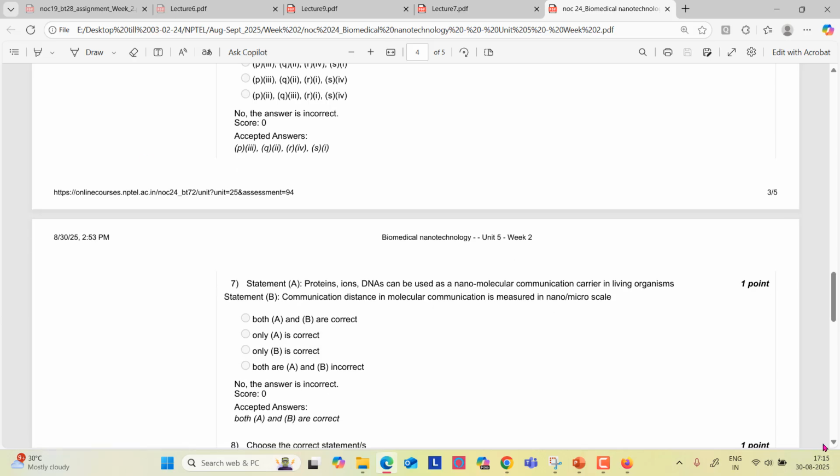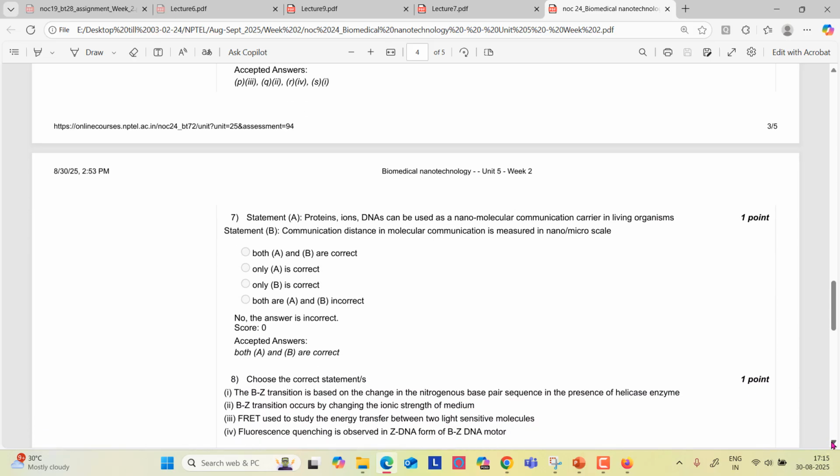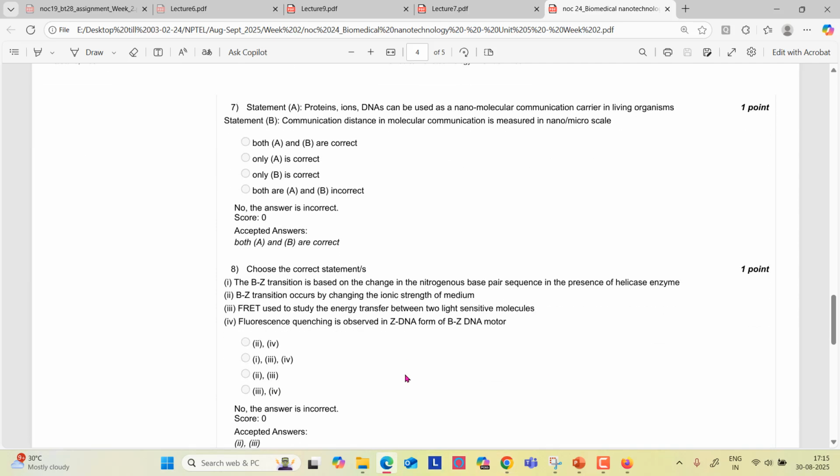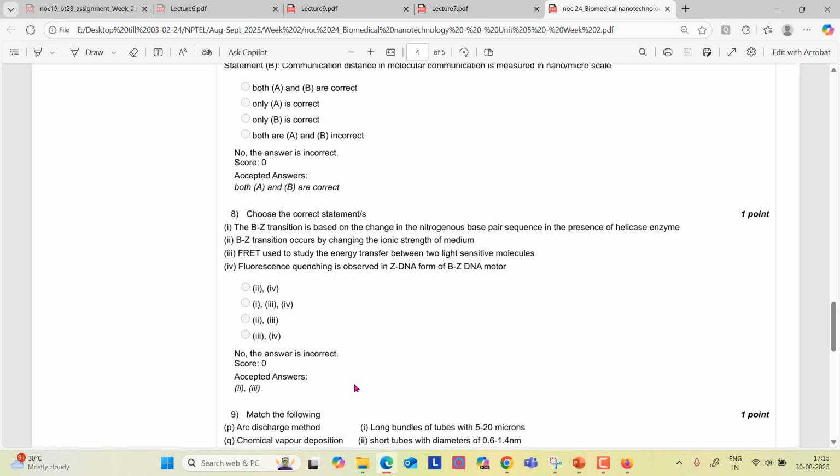Next question is the same question. We'll discuss later. So what was the answer given? It is given 2 and 3 only. Fluorescence quenching is observed in the room.